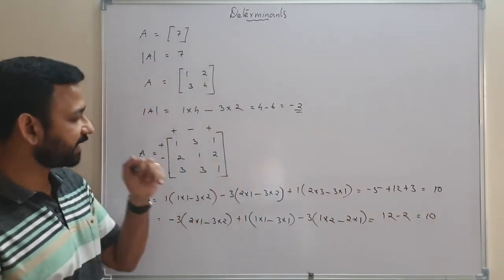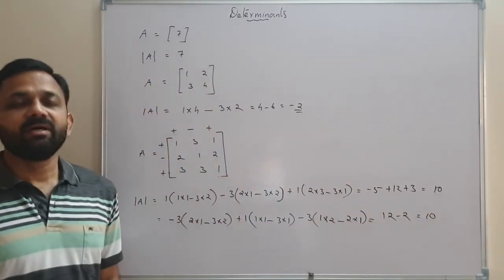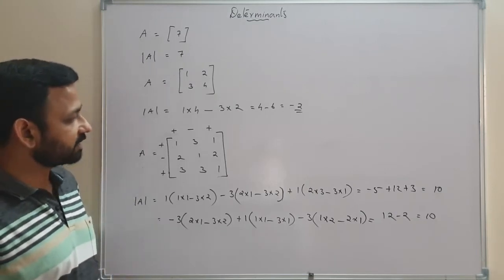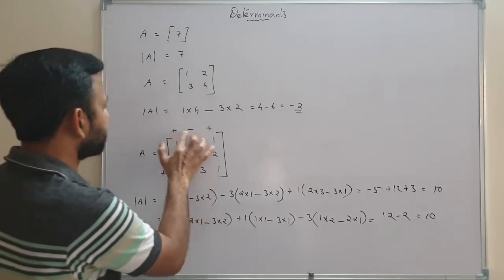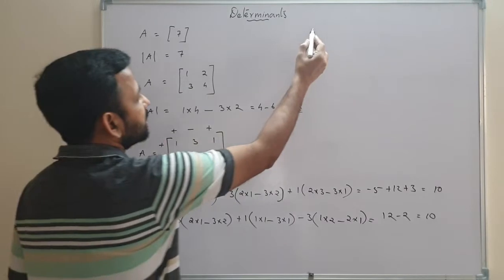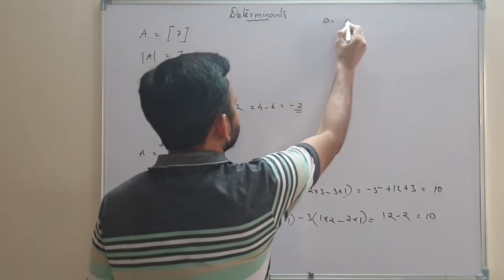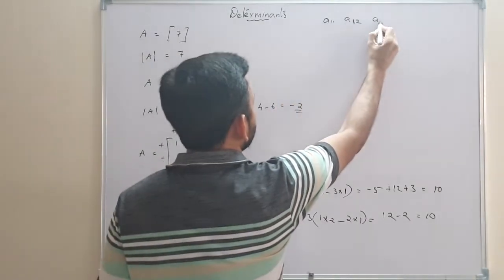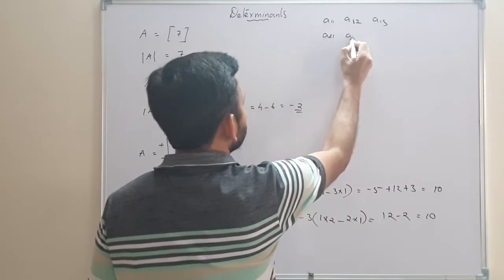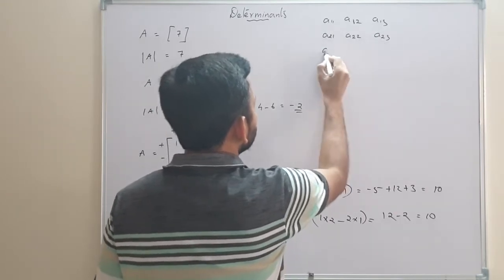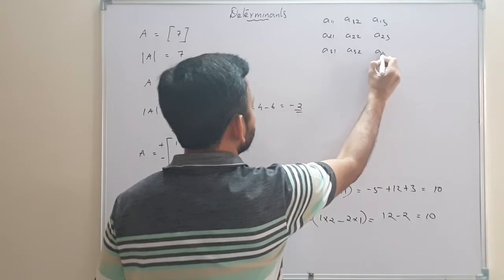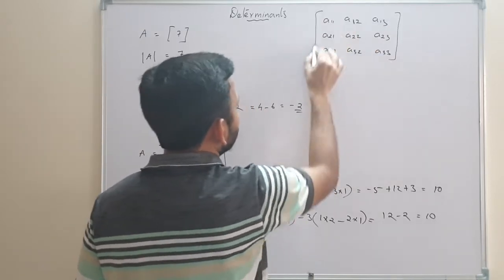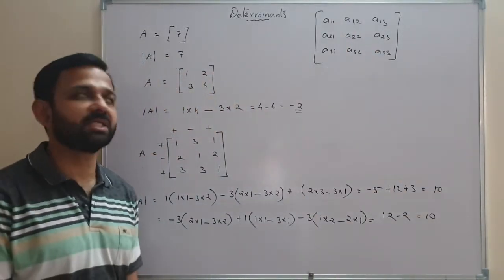So similarly we can find the determinant of a square matrix of order 3. Here there is plus, minus, plus, etc. See A11, A12, A13, A21, A22, A23, A31, A32, A33. This is the standard form of a square matrix of order 3.